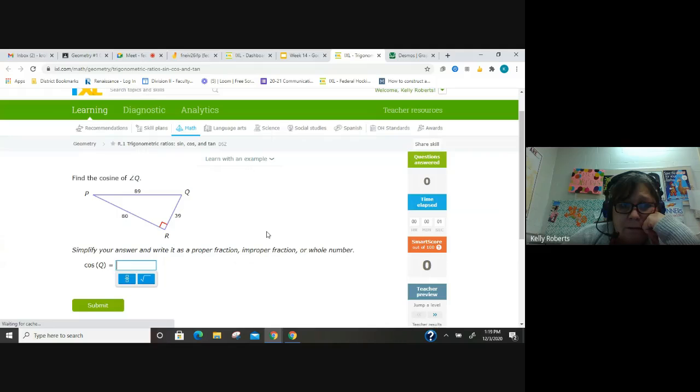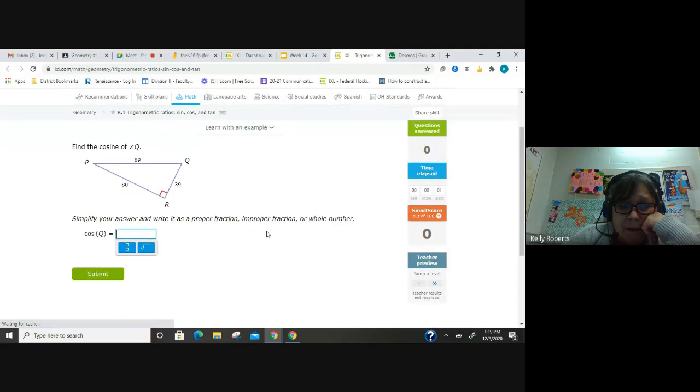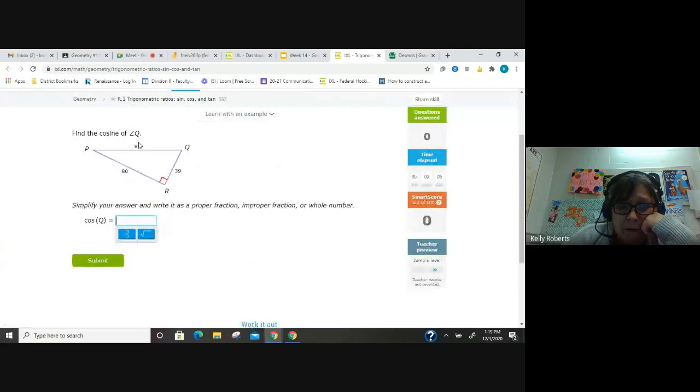Okay, so in this one it says find the cosine of angle Q. Well, here's angle Q right here. And cosine in SOHCAHTOA is the C, C-A-H, and the AH stands for adjacent over hypotenuse. The hypotenuse is always the side across from the 90-degree angle. So the hypotenuse is 89.